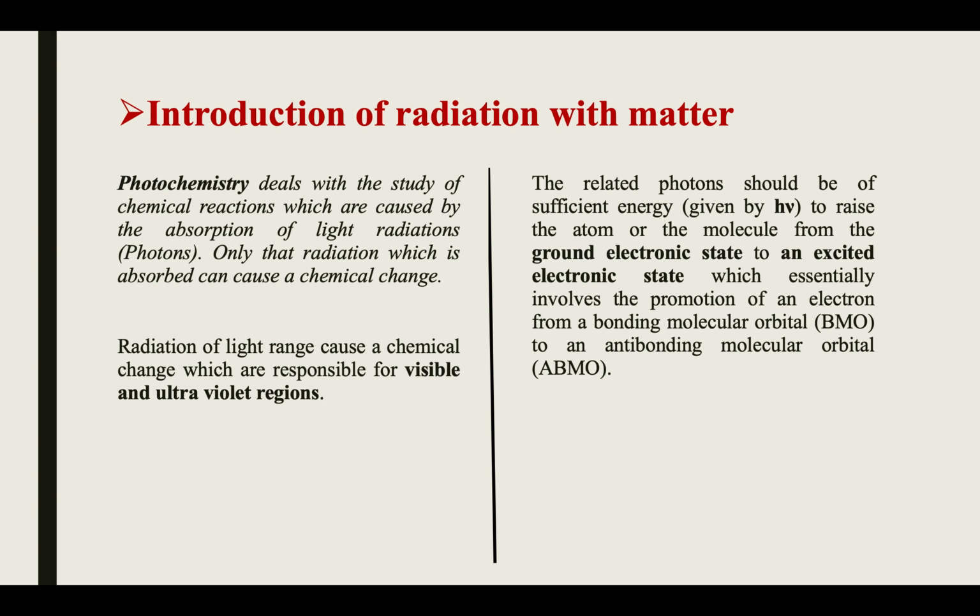Here the photons should have sufficient energy, h nu, to raise the atom or molecule from the ground electronic state to the excited electronic state, which essentially involves the promotion of an electron from a bonding molecular orbital to an anti-bonding molecular orbital. So the molecule, after absorption, goes from the ground electronic state to the excited electronic state.